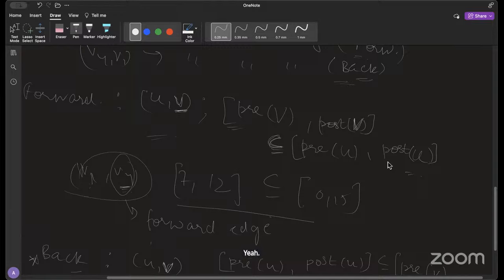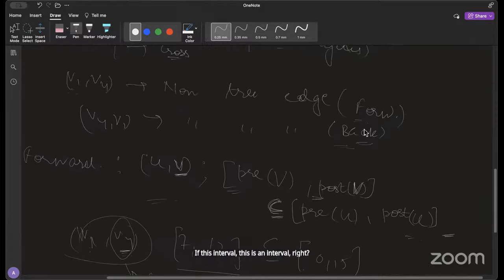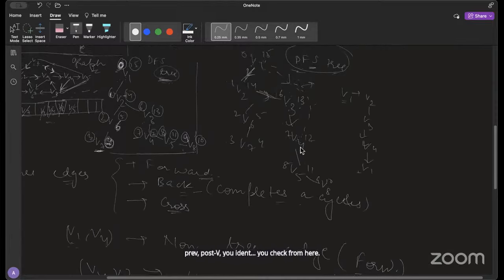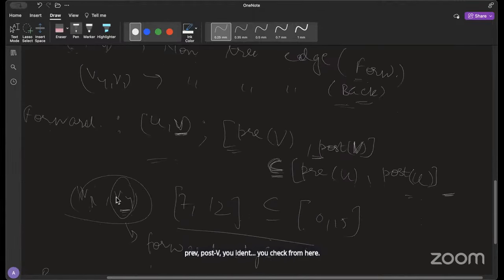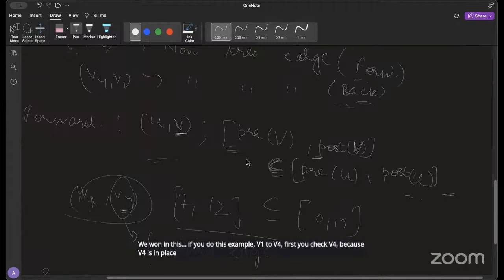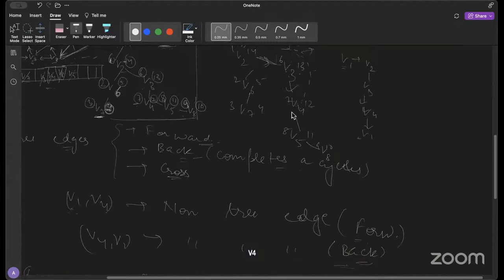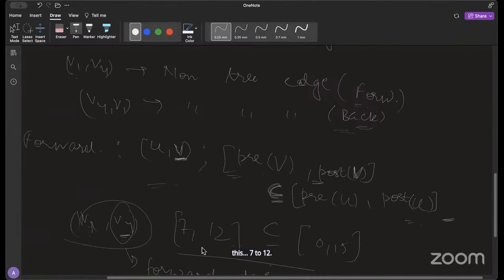So we take pre-V and post-V, and then pre-U and post-U. You just have to check this inequality, whether this interval, pre-V, post-V, is contained in the other. If you do this example V1 to V4, first you check V4, because V4 is in place of V, right? So V4 is 7 to 12. You write 7 to 12 here, then you come to V1.